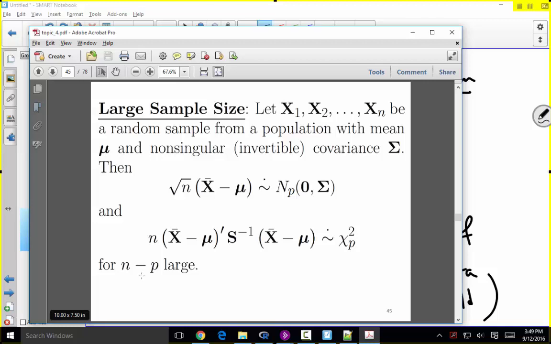So the result is, roughly speaking, x bar is normal. We said on the previous slide that if we assume multivariate normality, x bar is normal, period. Now we get to say, even if the population isn't normal, if we have a large sample size, x bar is approximately normal.